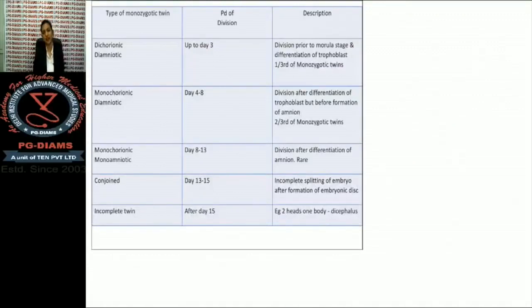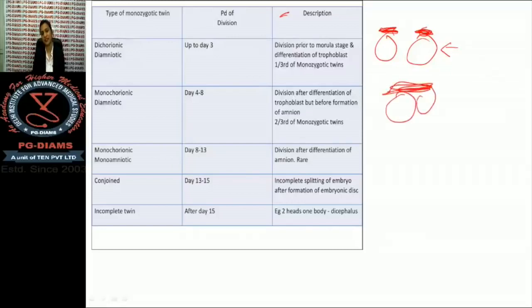Dichorionic diamniotic is when you have two different placentas and two different sacs. So there's no connection between them. The placentas are separate, the amniotic sacs are separate. This is the lowest risk monozygotic twin pregnancy. When the embryo separates up to 3 days after fertilization, it forms diamniotic dichorionic. Then monochorionic diamniotic is when you have a single placenta and two different sacs.